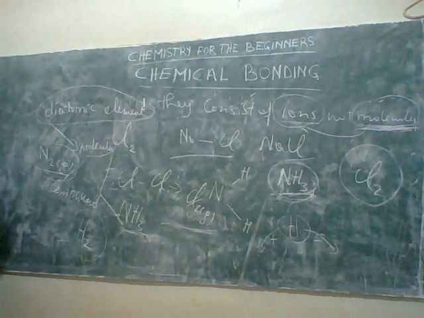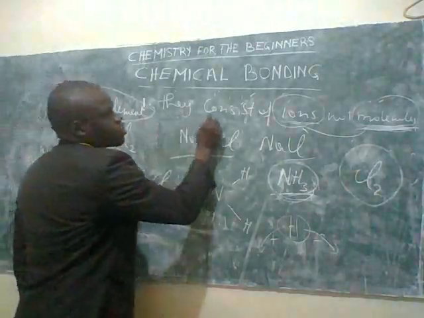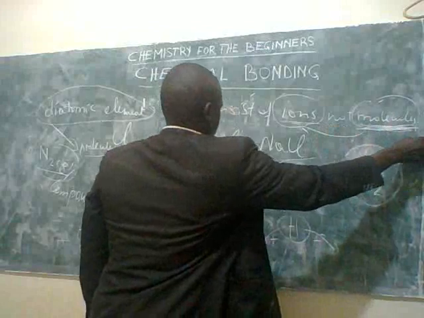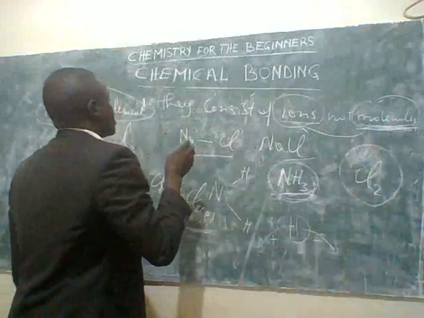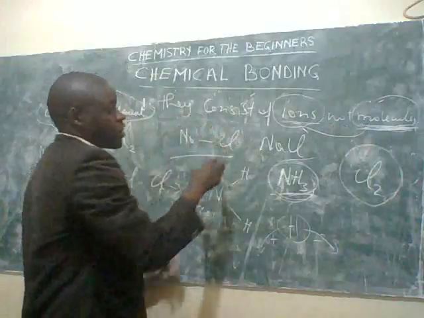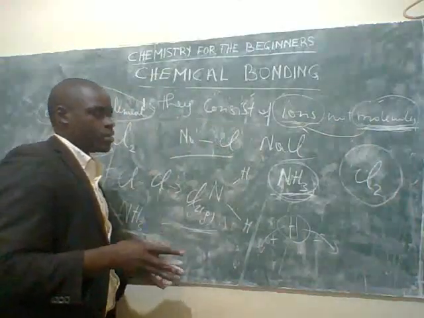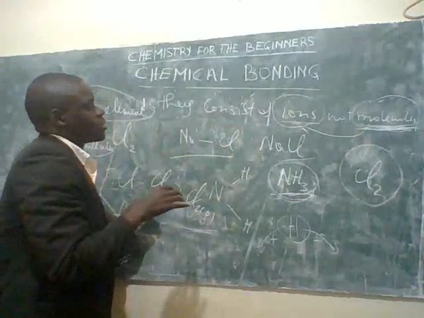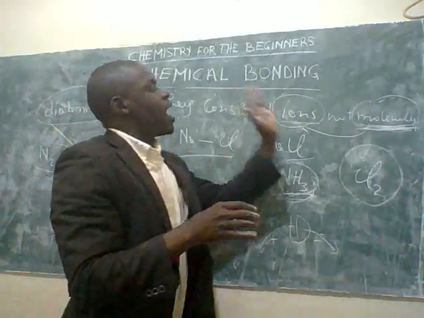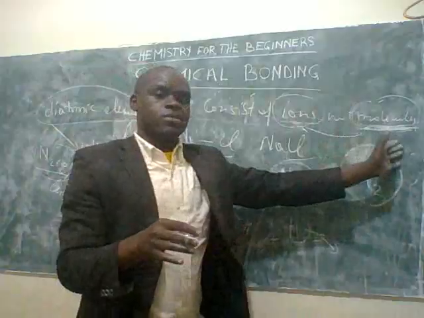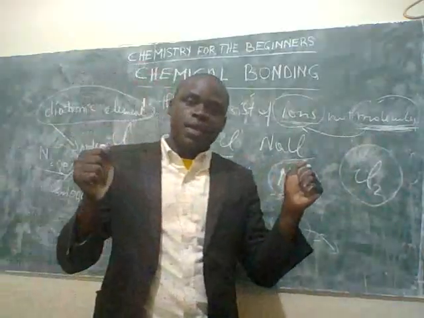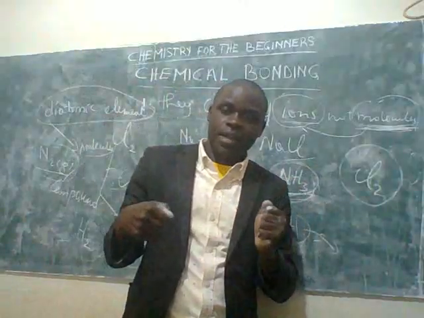So if they say they consist of ions, not molecules, which means they are compounds, the characteristics of ionic compounds. They are compounds that consist of ions, not molecules, which means there is a positive added to a negative.